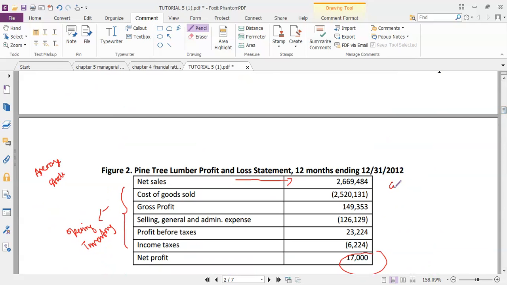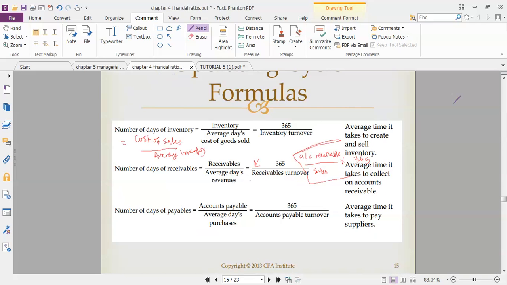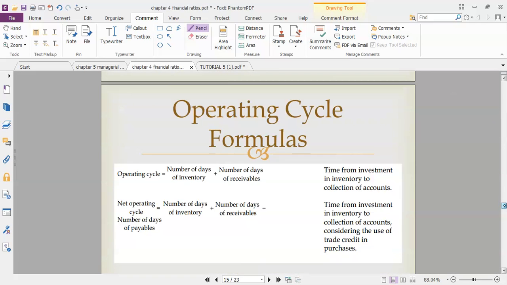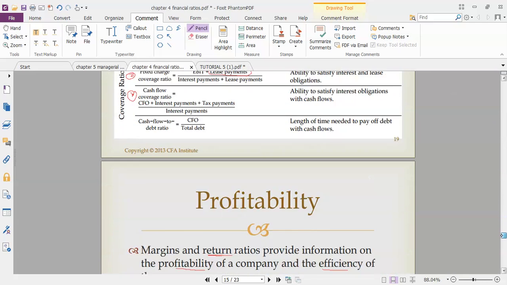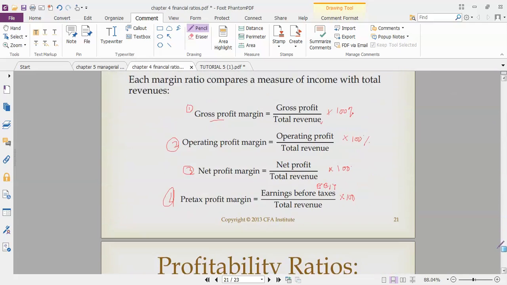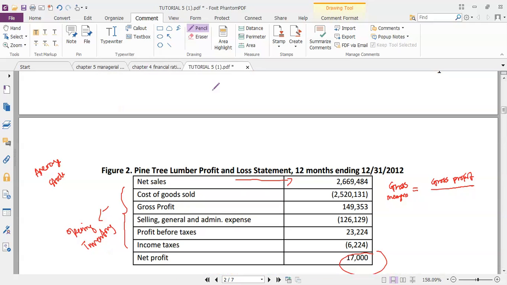Gross margin is equal to gross profit divided by the total revenue.